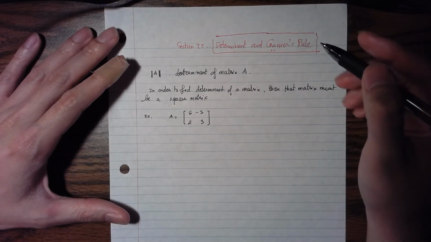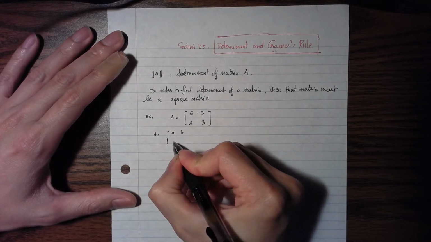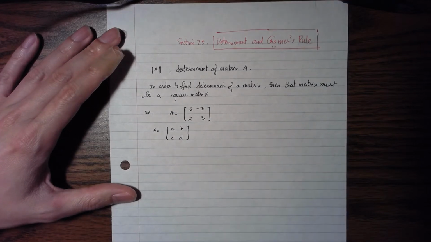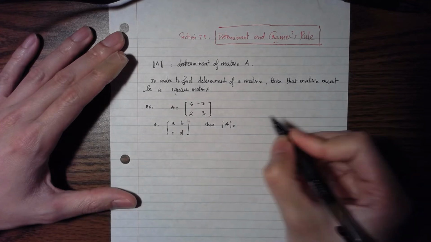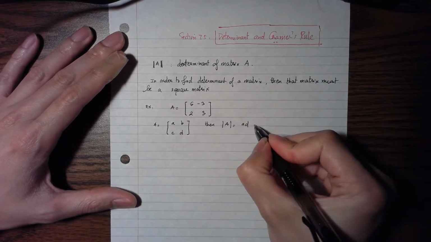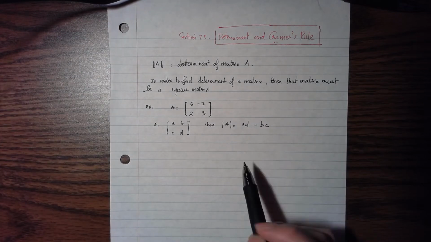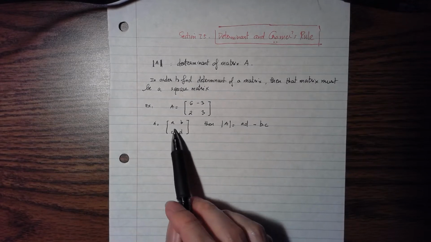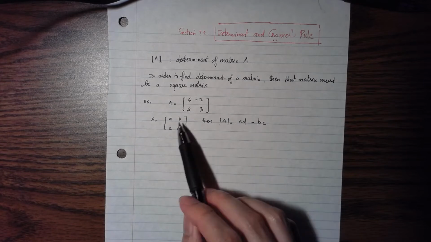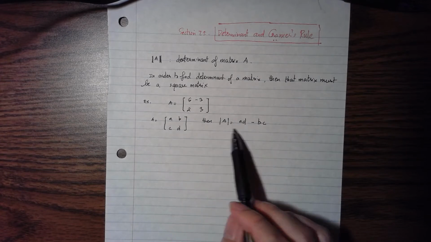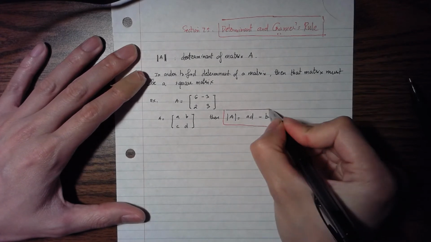So the rule is, if you have matrix A with entries a, b, c, d, then the determinant of matrix A is a times d minus b times c. The order is very important. You have to start with a times d first, then minus b times c. You don't want to start with b times c first. That would be wrong. So this is the rule. I'm going to box it. This is the rule for a 2 by 2 matrix.